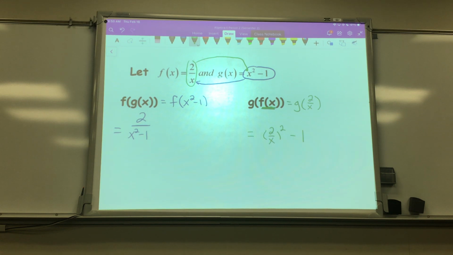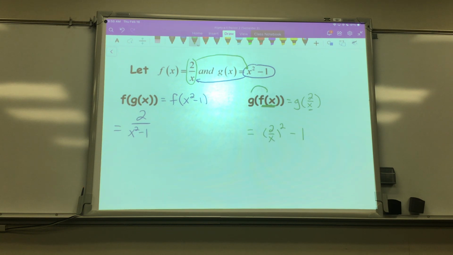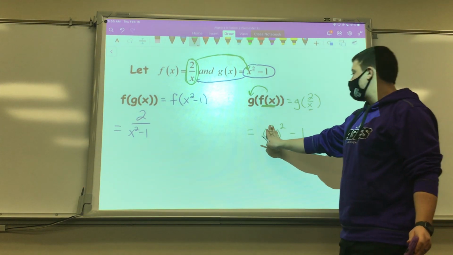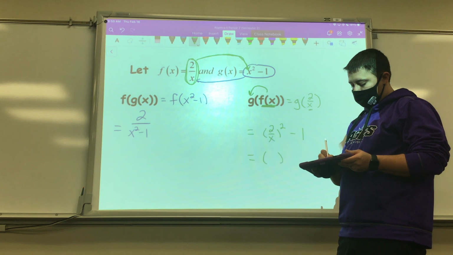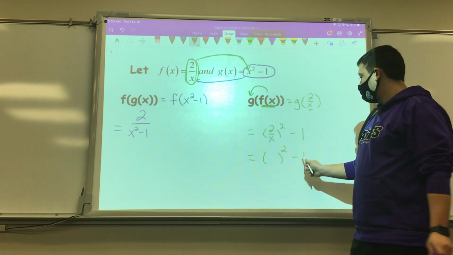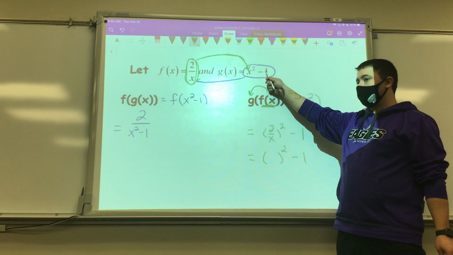Okay. Do you agree f of x is 2 over x? Okay. So it's saying I'm taking that f of x and I'm going to plug it into g. So here's f of x, and I'm replacing the x with 2 over x. That looks similar to g of x there, right?